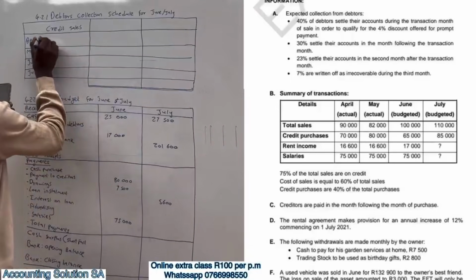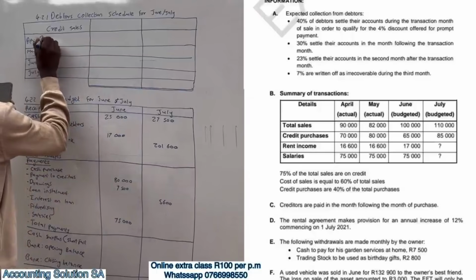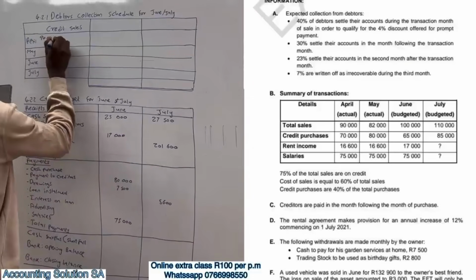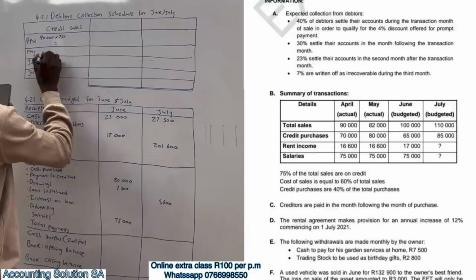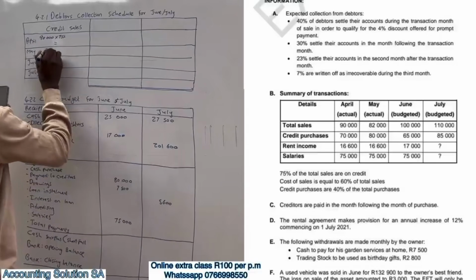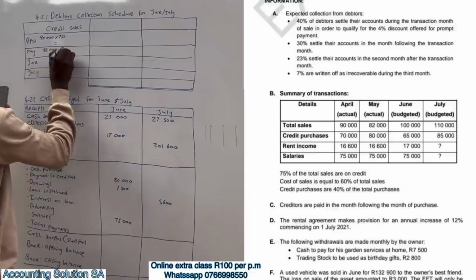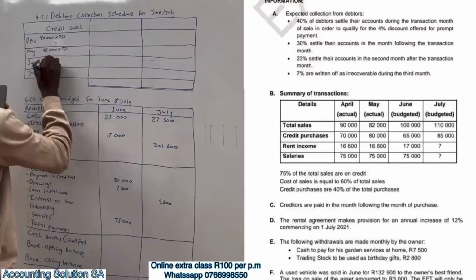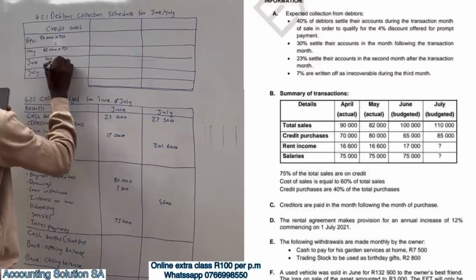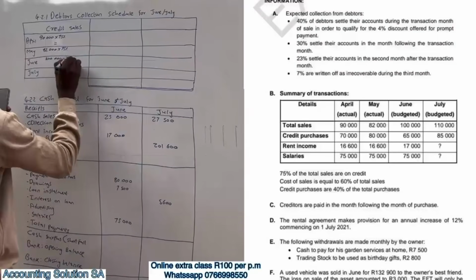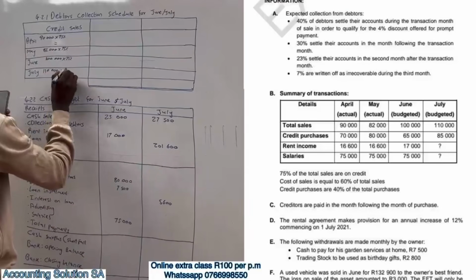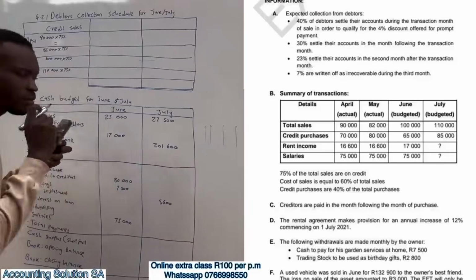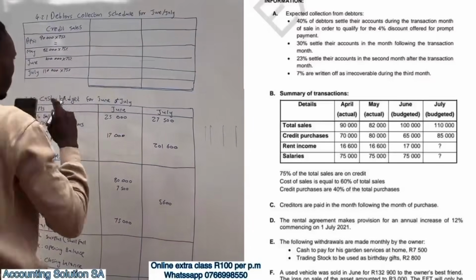We're going to say 90,000 multiplied by 75%, and for May 82,000 multiplied by 75%, June 100,000 multiplied by 75%, July 110. Very simple, guys. We're using 75% because it's for credit sales.